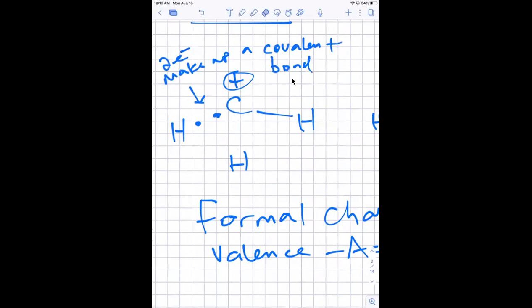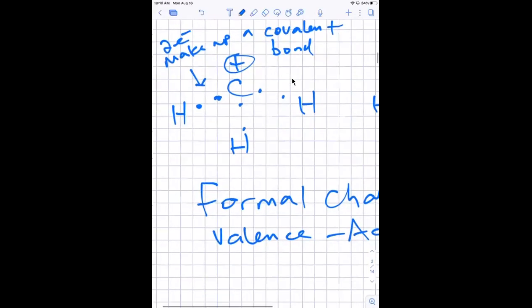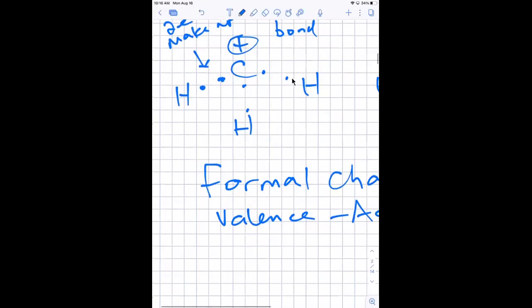When you're calculating the formal charge, what you are looking at is the valence, which you can tell from the periodic table, right? So for this molecule, the valence is going to be 3. I'm sorry, 4 for carbon, right? If you look at the periodic table, carbon has 4 valence electrons. And then the actual will be the electrons that are around it.